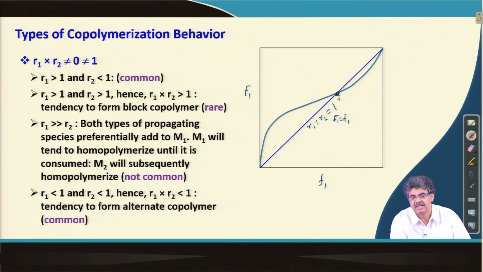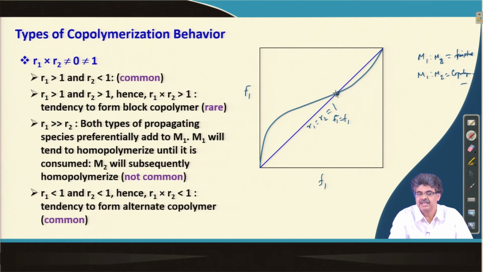That means the monomer ratio of M1 to M2 in the feed or in the mixture is same as M1 to M2 in the copolymer.